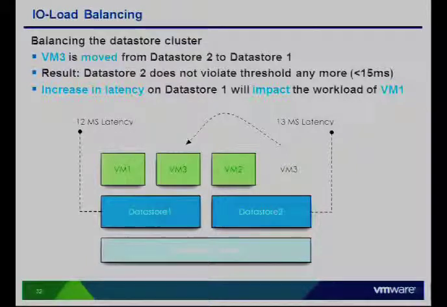Because if we start to move virtual machines from data store 1 to data store 2, but they are backed by the exact same spindles, that move will not generate any difference from a performance perspective. Keep in mind, this is only for I/O load balancing, because if data store 2 is actually violating its space utilization, we're still going to move it anyway, because we do not want to have an out of space scenario, right?